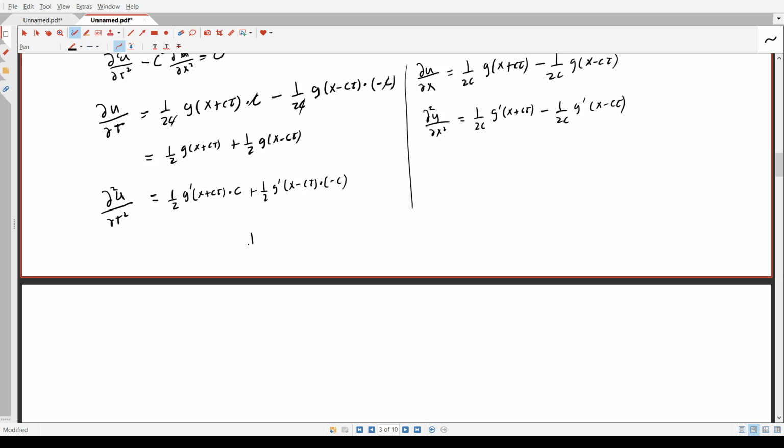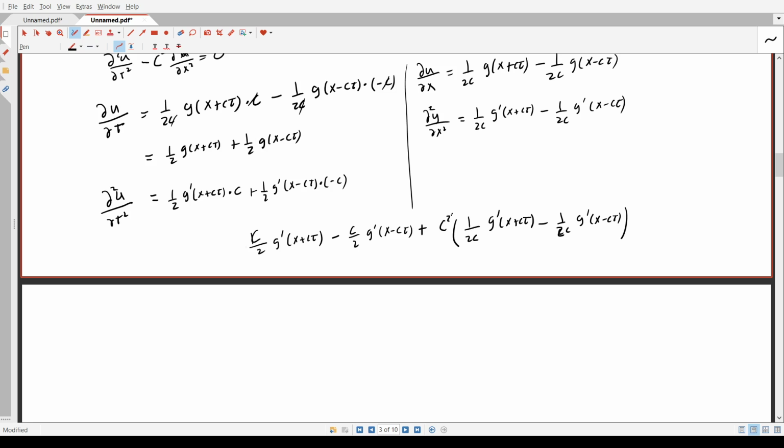So I have c over 2 g prime of x plus ct minus c over 2 g prime of x minus ct. So that's the d squared u dt squared, plus c squared times 1 over 2c g prime of x plus ct minus 1 over 2c g prime of x minus ct.